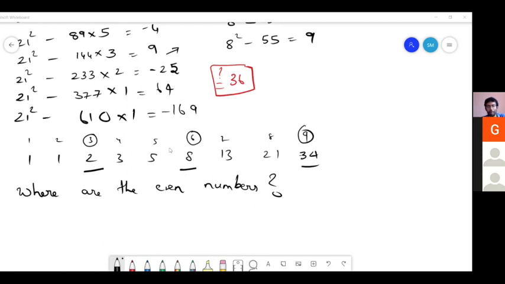Euclid gave a very beautiful proof to show that the primes will keep coming. There's no last prime. The same question can be asked for the Fibonacci sequence also. Yes, nice, Shankar. Primes is altogether a different game, a different animal.